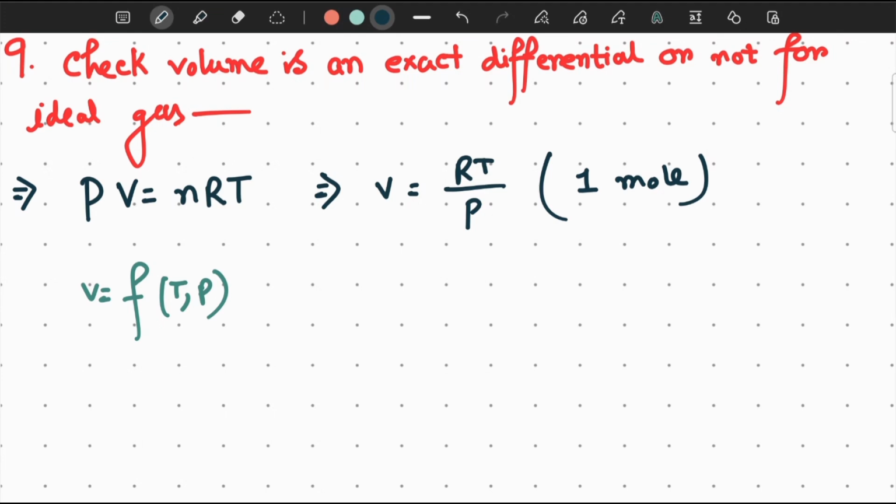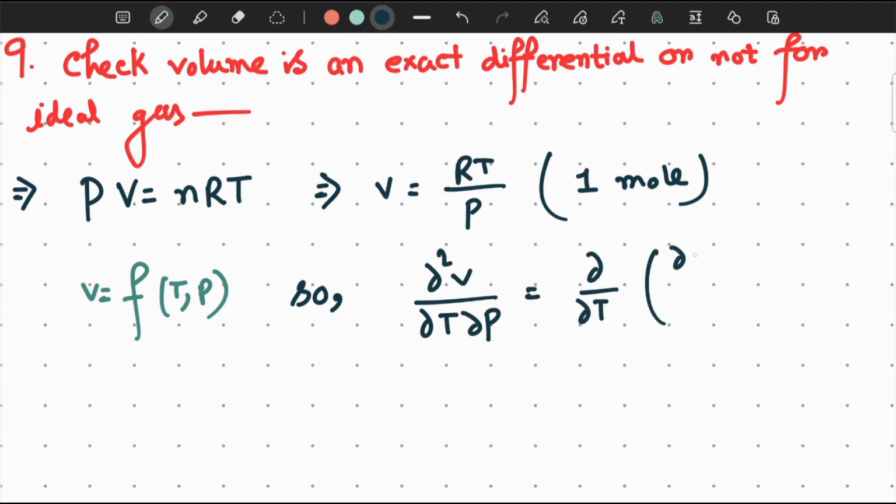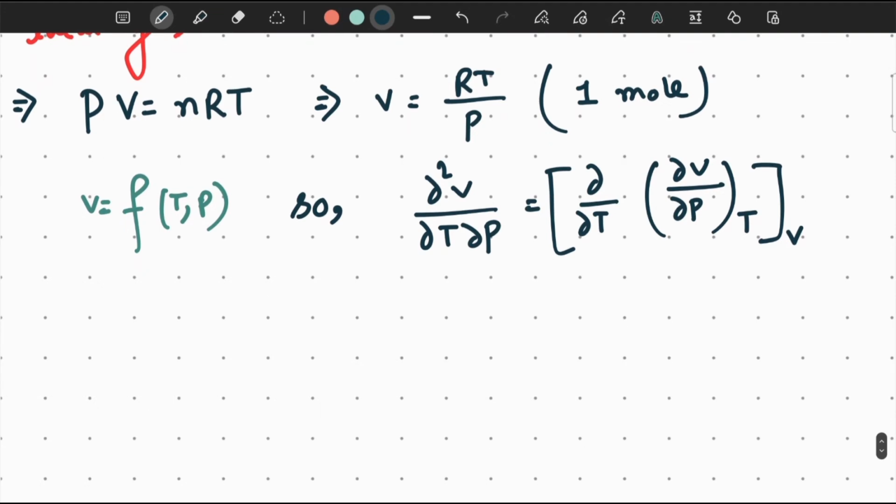Okay, so in that case what we have to check is that del V del T at constant P, with respect to P at constant T, equals del T with respect to del P at constant V of del V del P at constant T. That is Euler's reciprocal relation, you have to check whether it is being satisfied or not. So this we have to check.